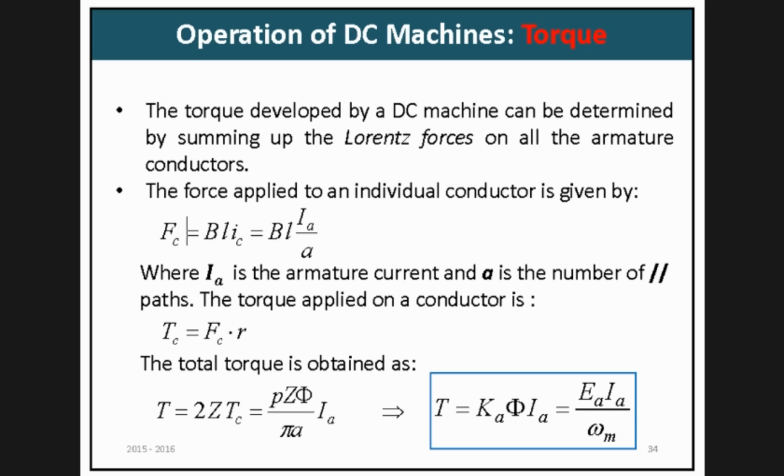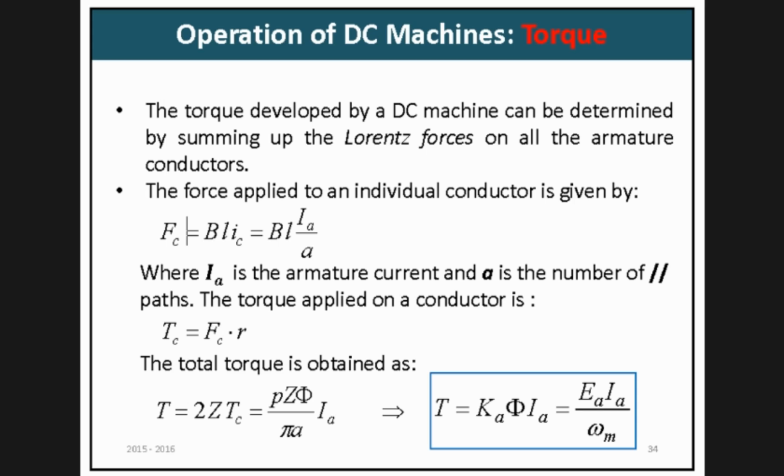Then the torque will be force into the radius, Fc into R. So Fc is B L Ia over A, and torque is Fc into R. So the total torque will be 2 times Tc.